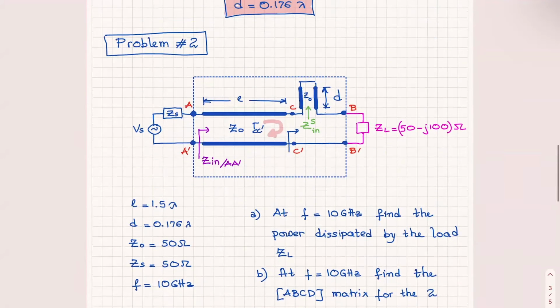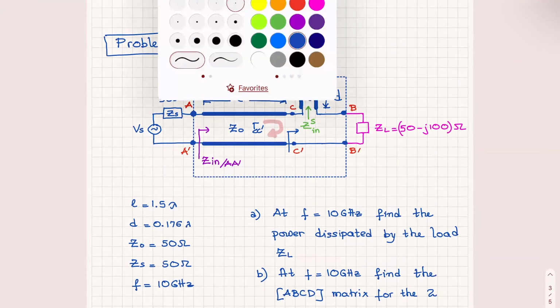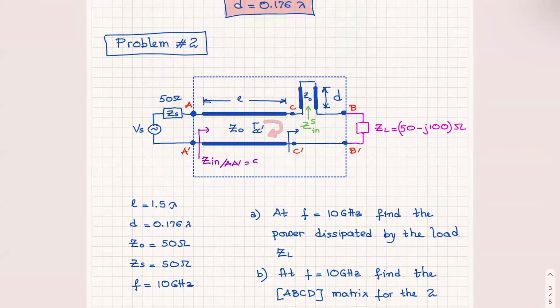However, if Z input is 50 ohms and ZS is 50 ohms, remember ZS is 50 ohms, and Z input is 50 ohms, that implies that VAA prime is half of V sub S, because here we have 50 ohms, all right, 50.